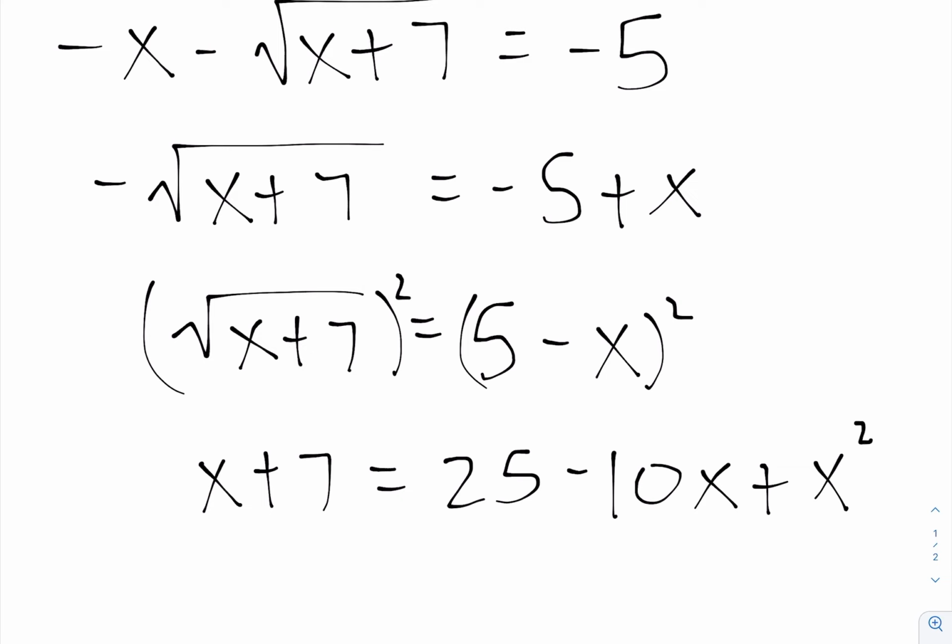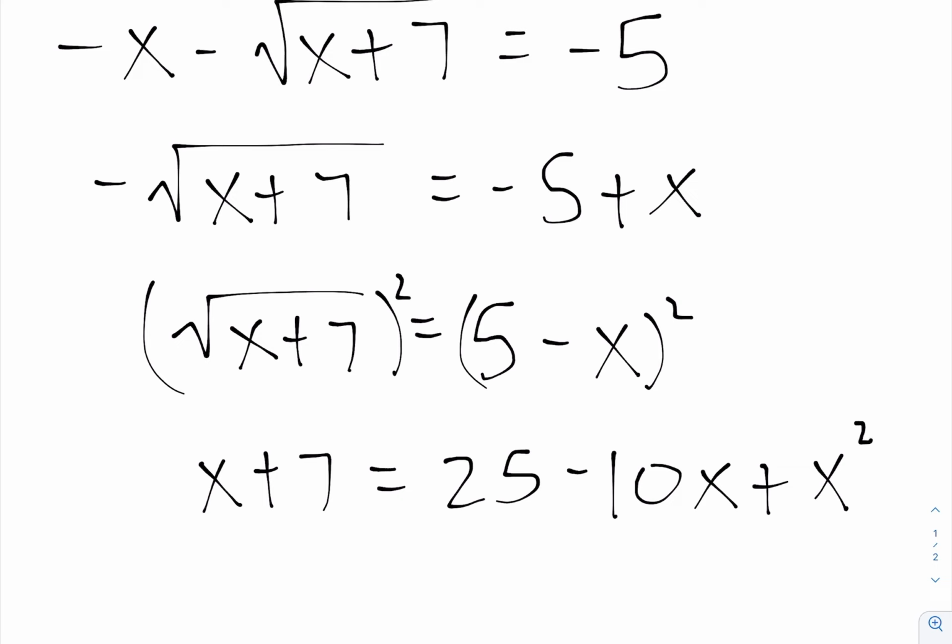Okay, so why does this step in the equation make it extraneous? Why did we get an extraneous root? Well, it's because since we're squaring both sides, it actually doesn't matter if this is positive or negative.